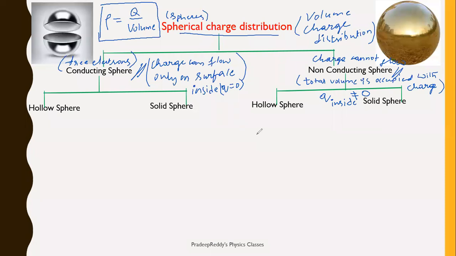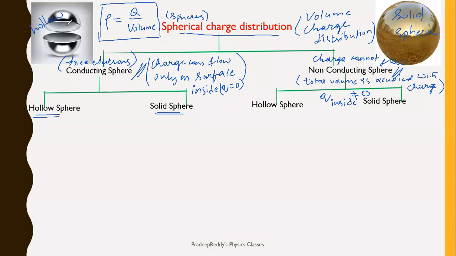Okay. Now, in a conducting sphere, again, you can have a hollow sphere or a solid sphere. This is a hollow sphere: nothing, no material inside. Whereas this is a solid sphere, meaning inside there will be material.